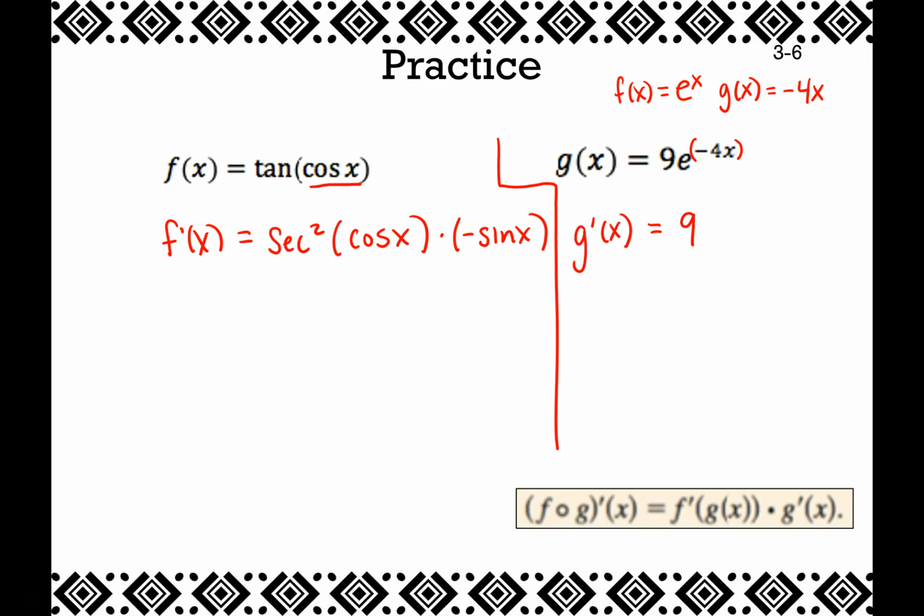So what is this going to be? Well, this is going to be 9 times, well, what's the derivative of e to the x? It's just e to the x, but we're supposed to keep our baby in, or keep that inside function in. So that's going to be e to the negative 4x. Now times the derivative of our baby. In this case, that's going to be a negative 4.